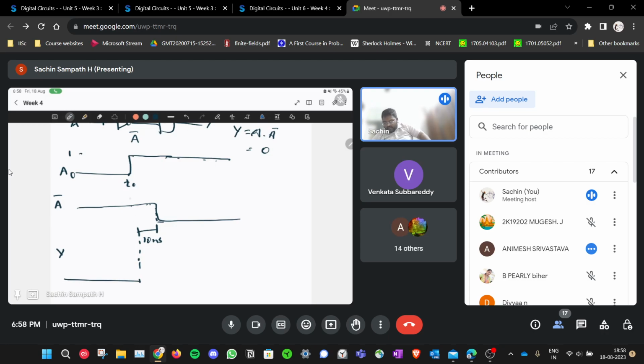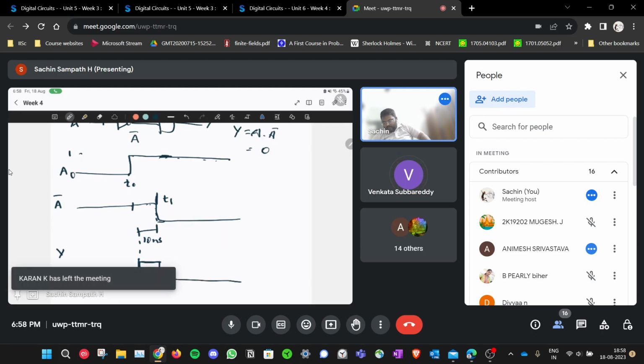But observe from t0 to t0 plus 10 nanoseconds. Here A bar is also 1, right? A is also 1. So you will actually get 1. And then from here onwards, let's say it's time t1, this is low and this is high, so you will get a 0.